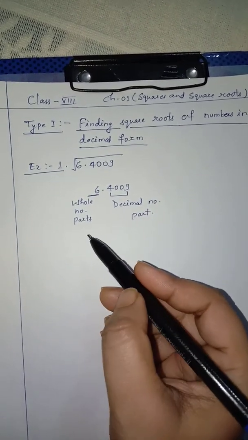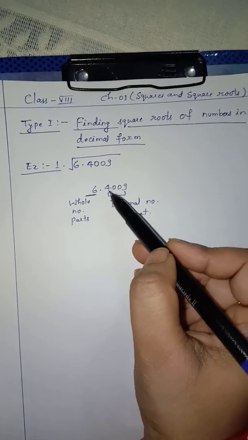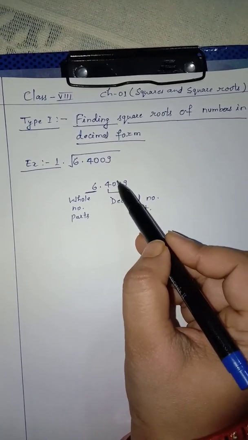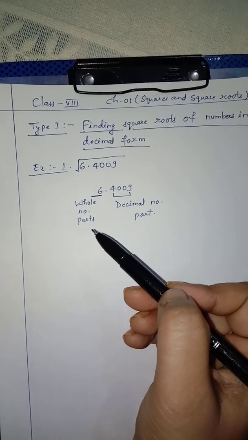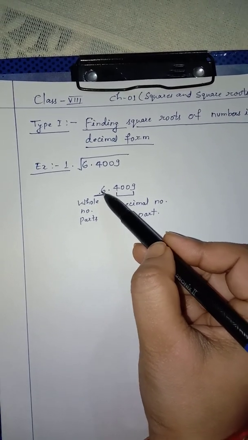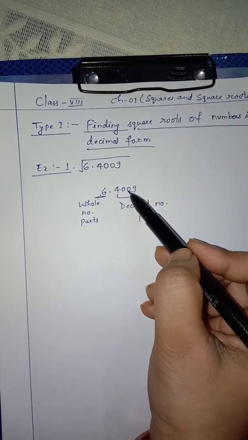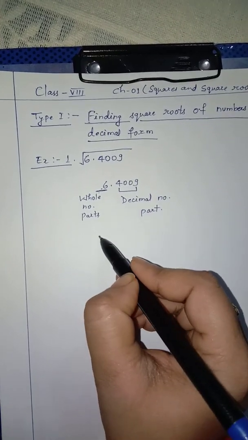So for finding a square root, our first step is to mark pairs. What is our first step? Mark pairs. We will mark pairs separately for the whole number part and for the decimal number part. This is the first step.